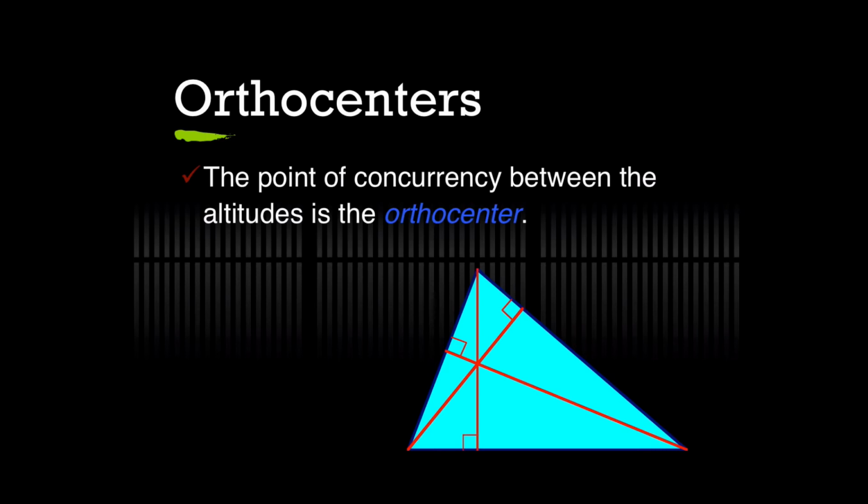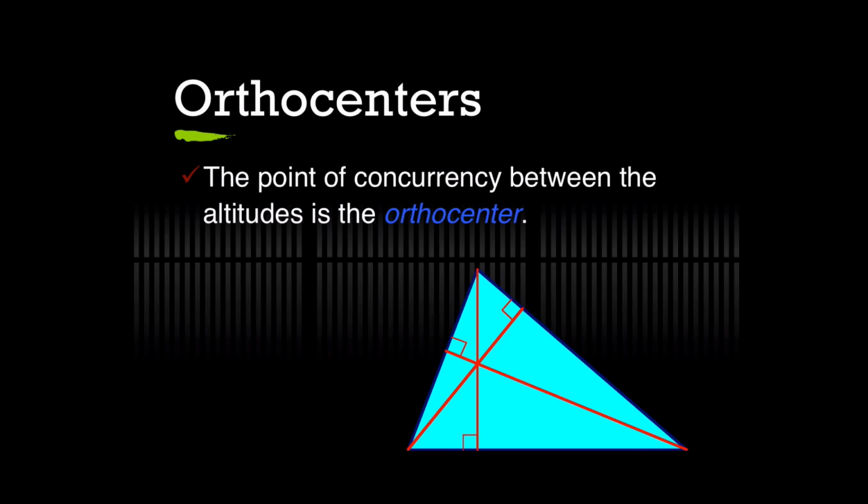So, Mr. Shaffis, how does your definition differ from the actual definition? A perpendicular bisector is perpendicular to a side but passes through... You're overthinking it.